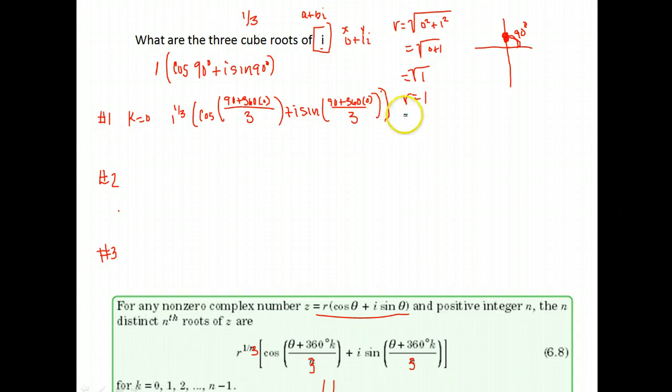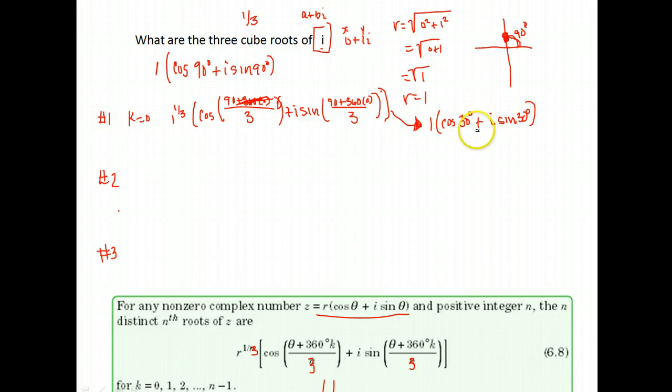Oops, I ran out of room here. Let me sit over here. 1 to the 1/3 power is just 1. For my angle, 90 plus 360 times 0 is just 90, and 90 divided by 3 is 30 degrees. So we have cosine 30 degrees plus i sine 30 degrees.